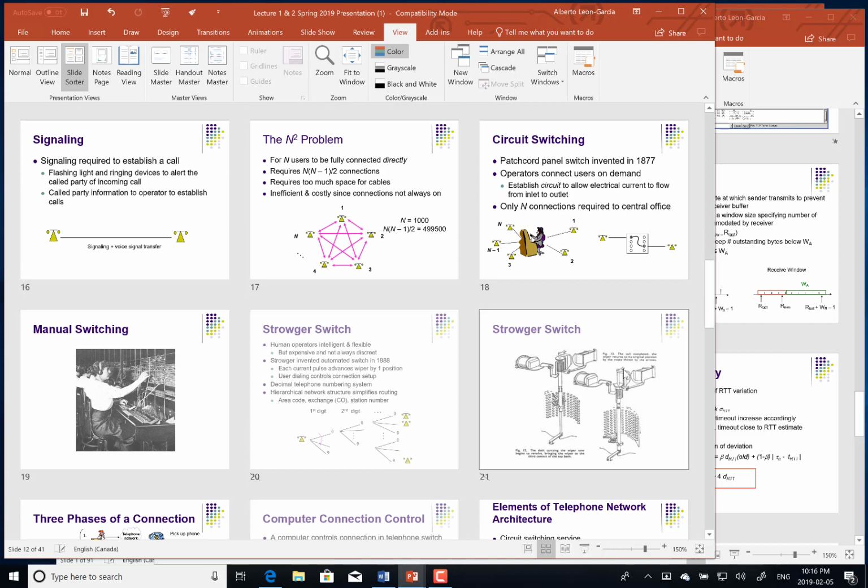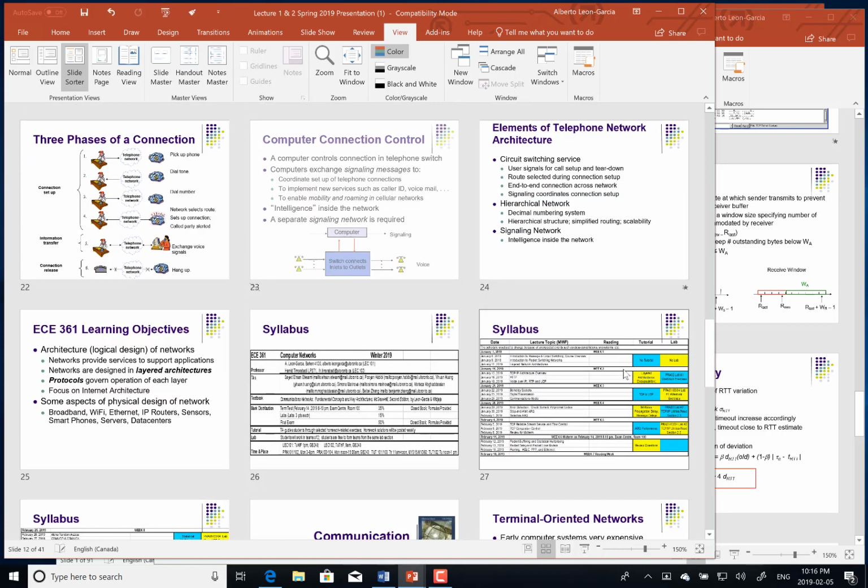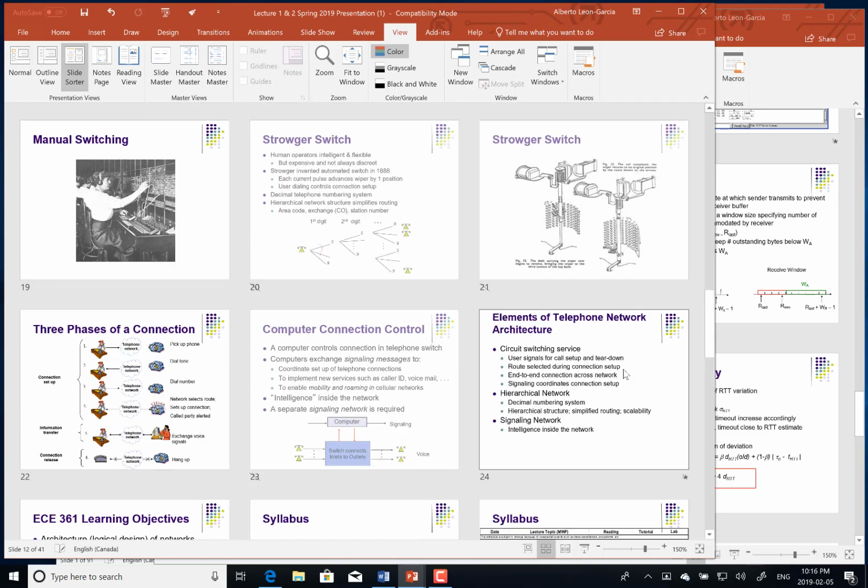The next one had to do with telephone networks. We use circuit switching. So the basic service there is establishing a circuit from an input to an output. And the telephone network did this through a signaling system that would set up the call from the input to the output.